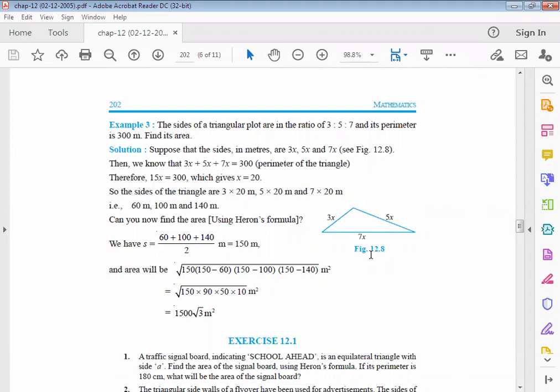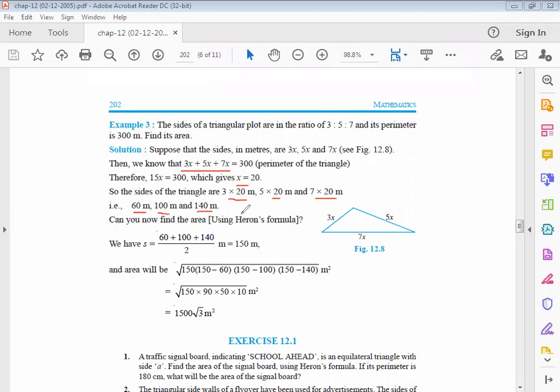So here first we need to calculate the sides. How we calculate? As we discussed in earlier classes, how we find out the value of x here so that we can easily calculate the respective sides, right? Here we get 60, 100 and 140 meter, right?